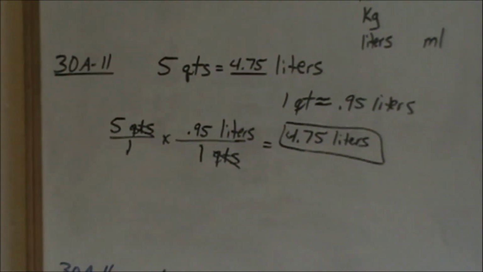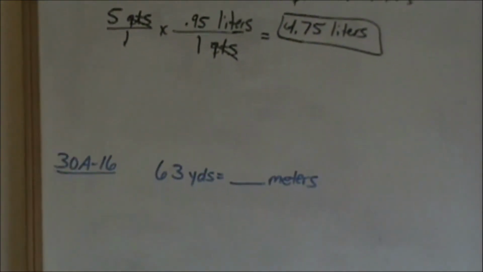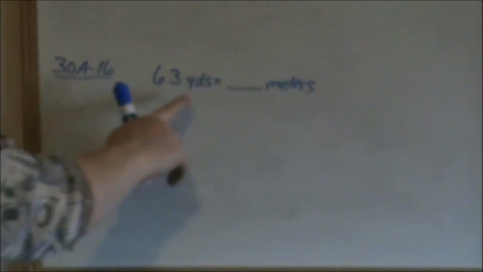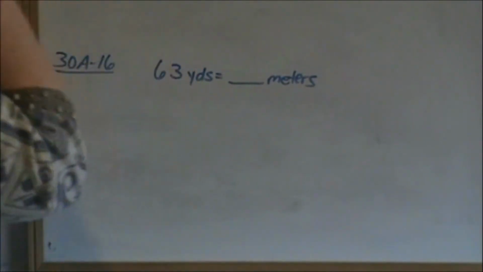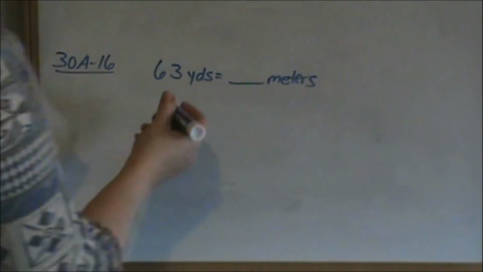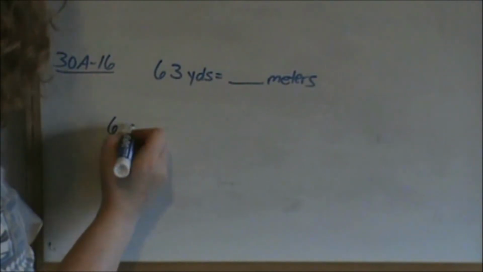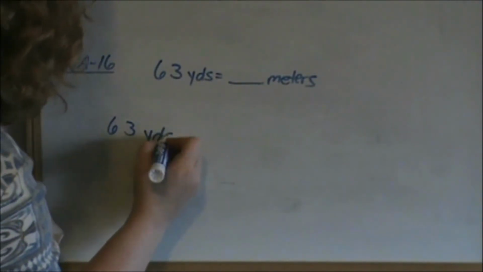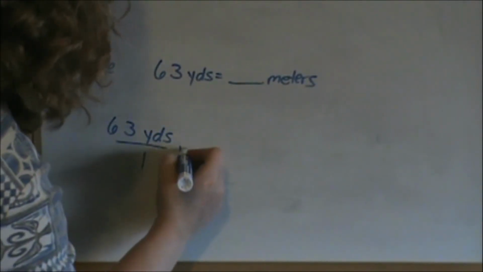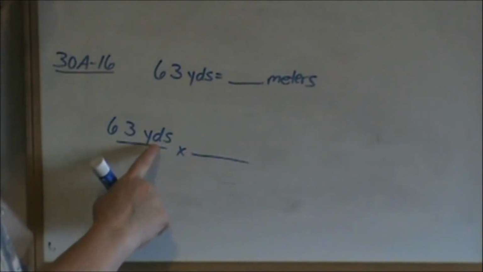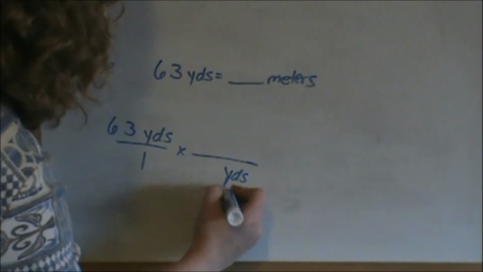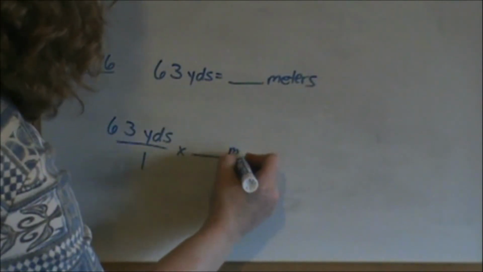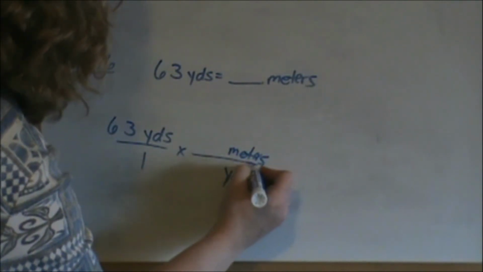Now let's jump down to 30A16. We want to go from yards to meters. Again, I start with what I know. 63 yards. Turn that into a fraction. I'm going to multiply by a conversion factor. I want yards to go away, so it needs to go in the denominator, and therefore my meters would be in my numerator.